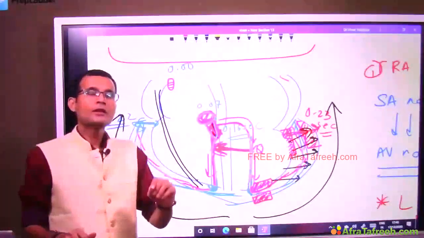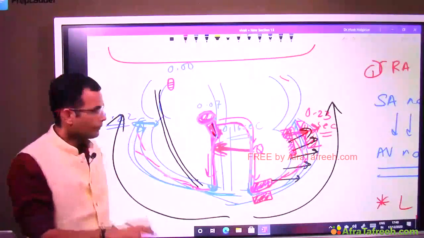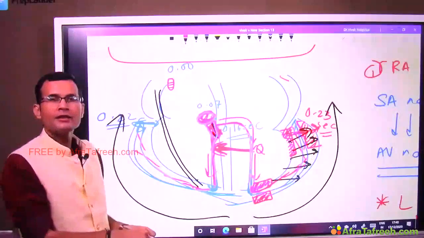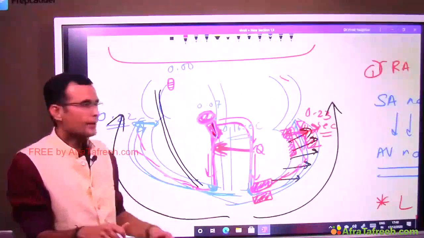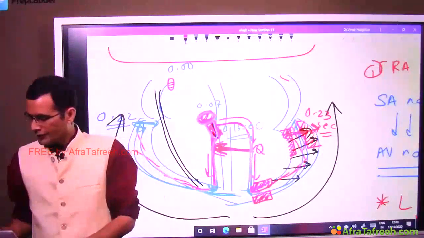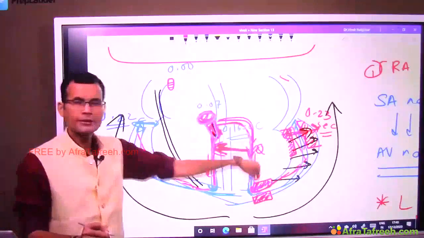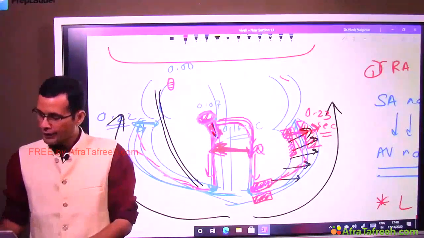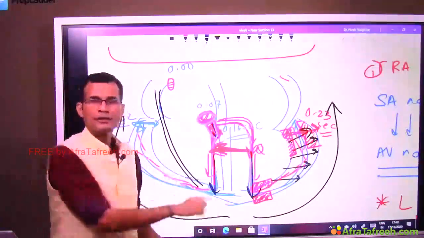I will explain the logic and the reason, both. First, let's see the reason behind it, why it's happening like that. Look, we have said just now that the impulse goes in the left branch first, then through the interventricular septum it goes to the right, and then it comes to the apex in both the branches.